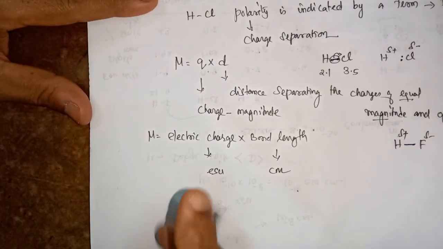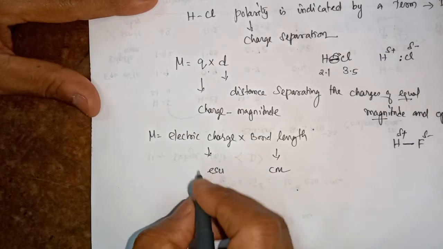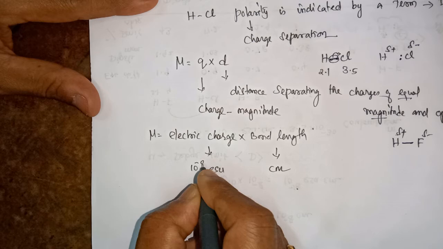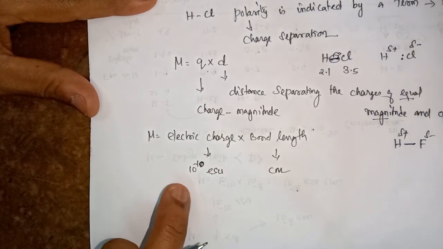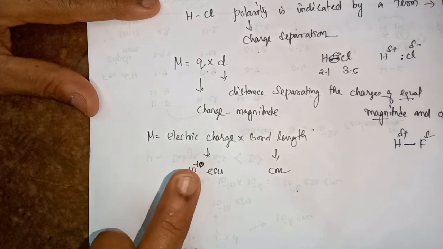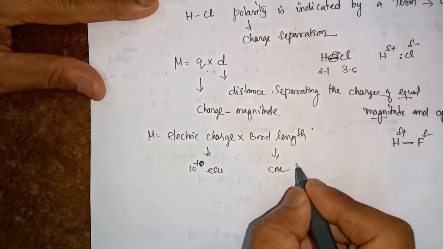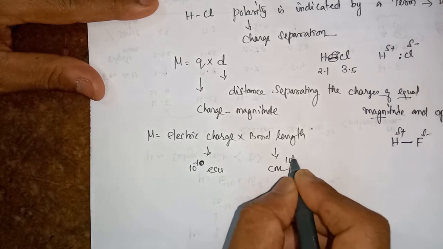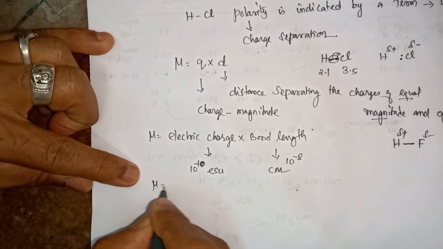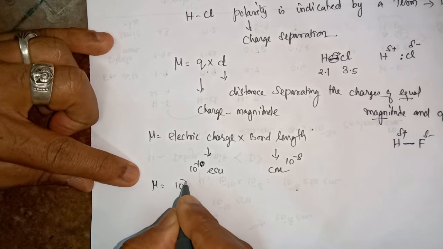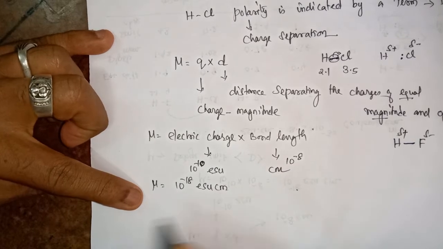This comes in the order of 10 power minus 10, and distance comes approximately in the order of 10 power minus 8. So if I substitute both values, I get mu in the order of 10 power minus 18 ESU centimeter.